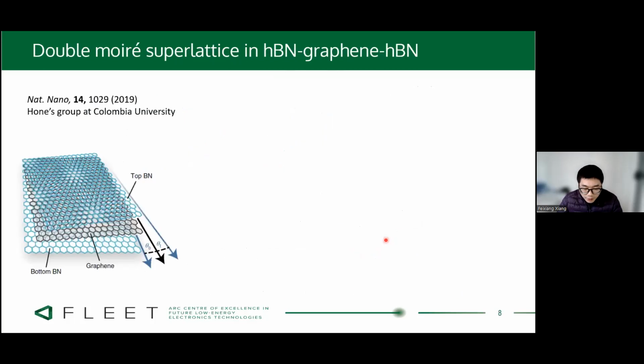So the question is, are there other ways to create a flat band in graphene-based moiré heterostructures?